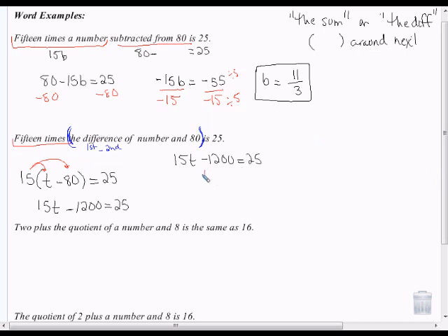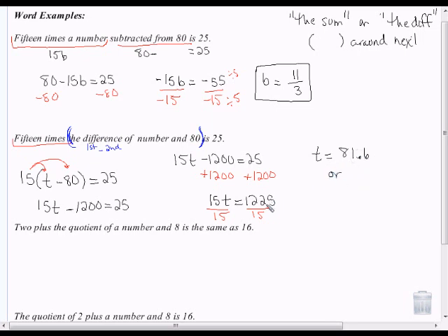So I'm going to add 1200 to both sides, which is going to give me 15t equals 1225. And I'm going to divide both of those by 15. Anybody want to check and see if that divides evenly? You got a decimal? Okay, so you got 81.6.